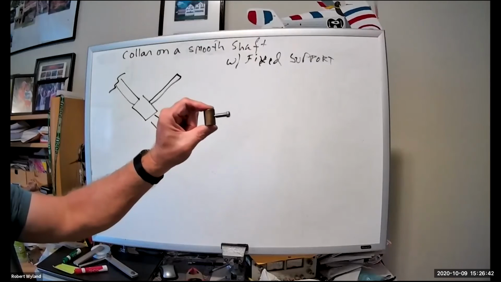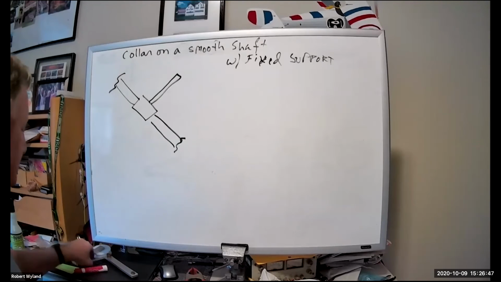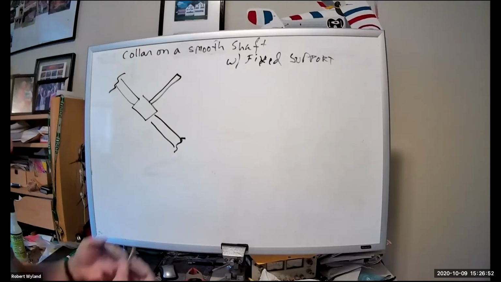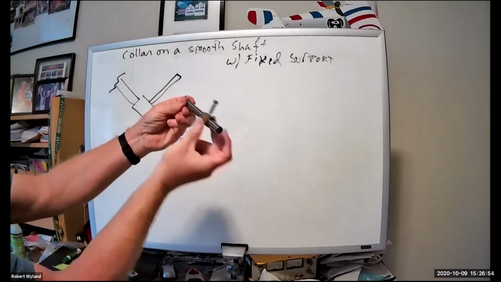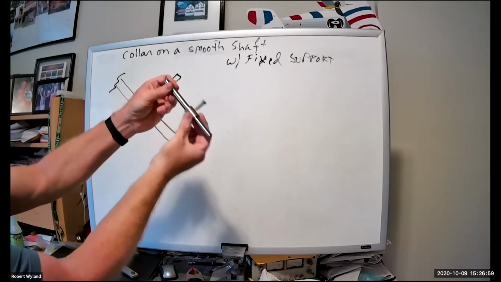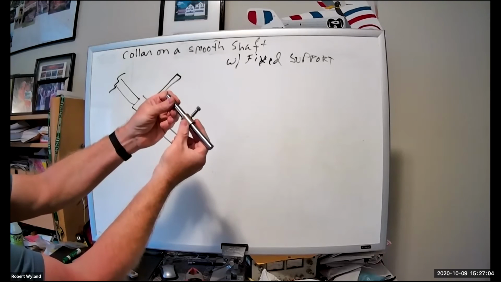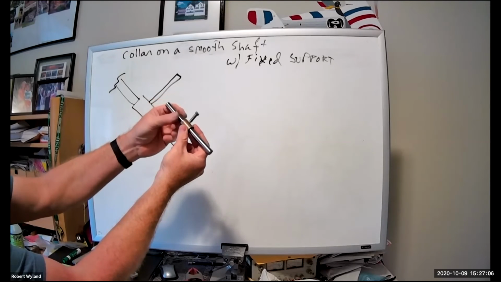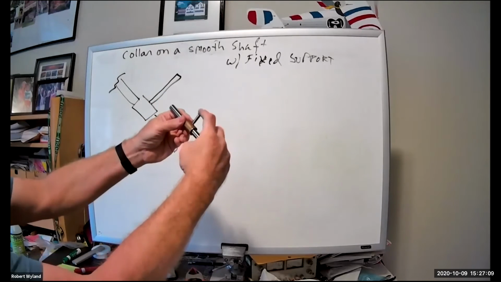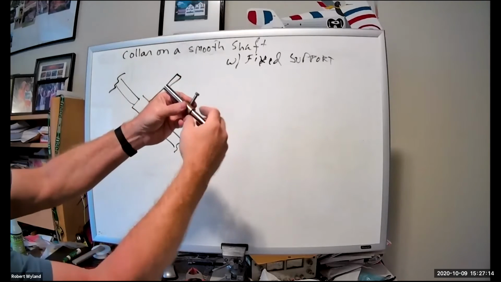This is the shaft, and you could basically create a reaction in every direction. But we're going to put this on a shaft. Now this collar can slide, and we're just going to look at it in 2 dimensions, so we're looking at what reactions we might have. If I push straight down, I can't pull it because it'll pop out.